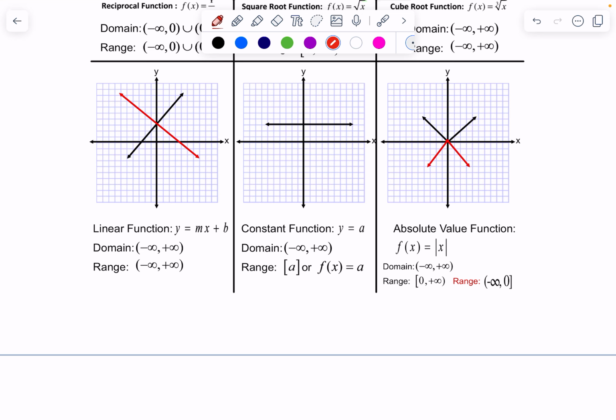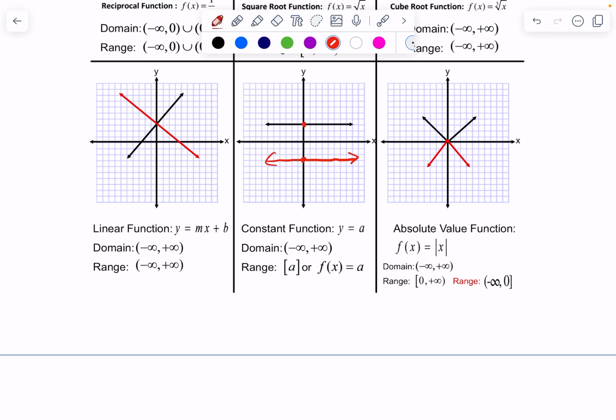A constant function, whether you have y equals a positive a or y equals a negative a, the domain is negative infinity to positive infinity, and the range is the actual y value that that function is going through, or the a value.